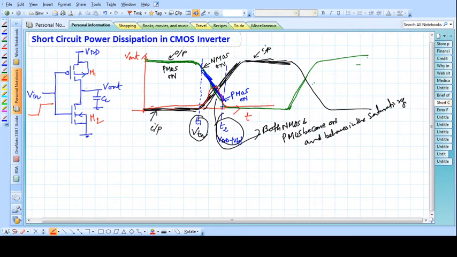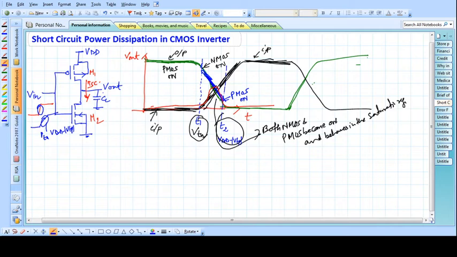That current is our short circuit power dissipation. When the input changes in between this point, when this is a step input type signal, this input varies from VTN to VDD minus VTP, both the transistors are on and there will be some flow of current.